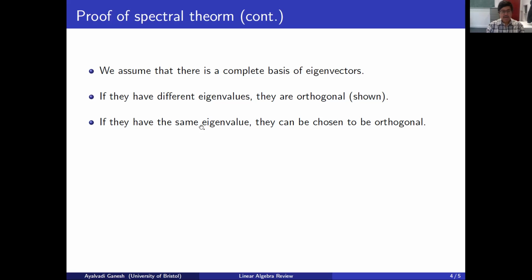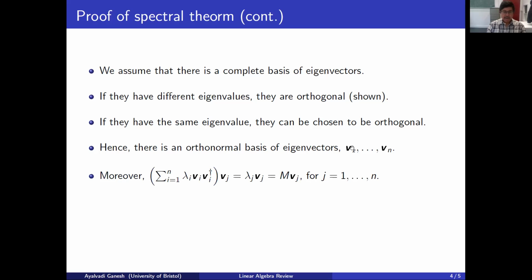So eigenvectors corresponding to the same eigenvalue can be chosen to be orthogonal. We've now got a complete basis of orthogonal eigenvectors. We started with an n by n matrix, so there are n orthogonal eigenvectors, and then you can normalize them to have unit length, so we have an orthonormal basis of eigenvectors.